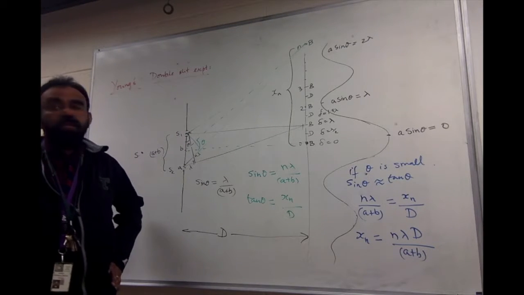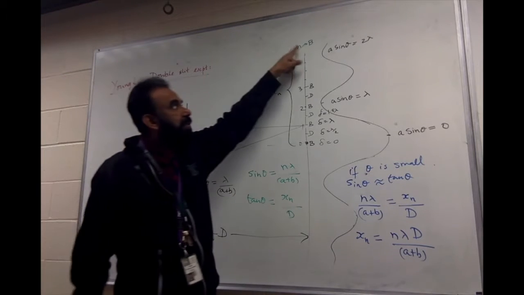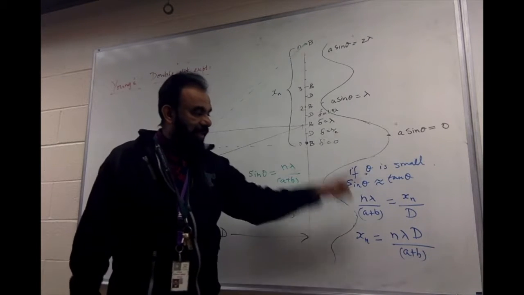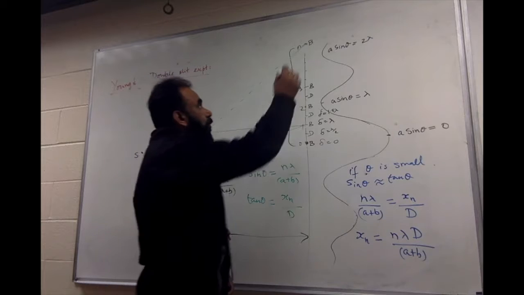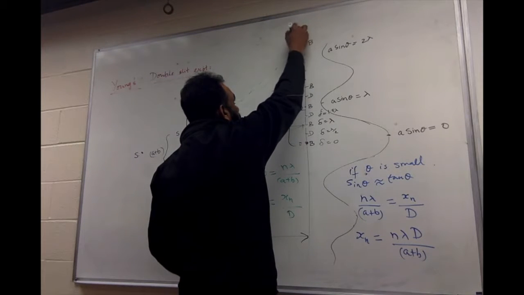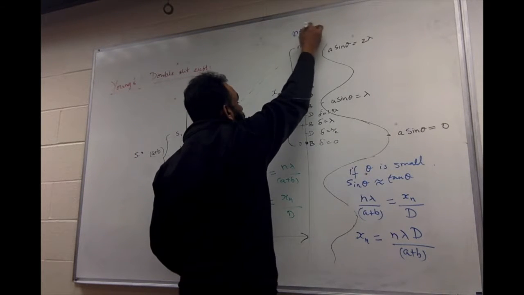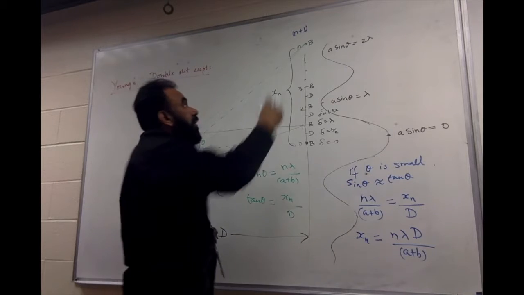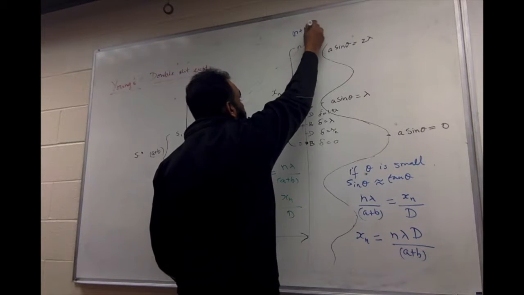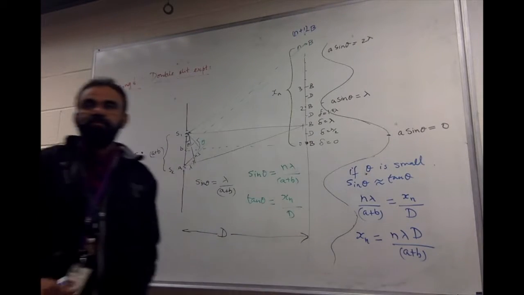So if the nth bright band is formed at that distance, where is the n plus 1th bright band formed?